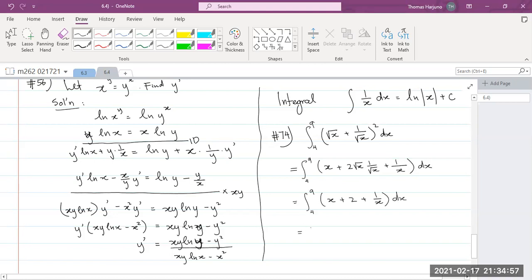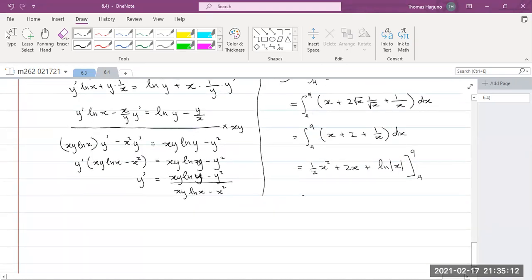This will be 1/2 x squared plus 2x plus natural log of the absolute value of x, from 4 to 9. But we subtract from the top. It will be 1/2 times 9 squared plus 2 times 9 plus ln 9, minus 1/2 times 4 squared plus 2 times 4 plus ln 4.